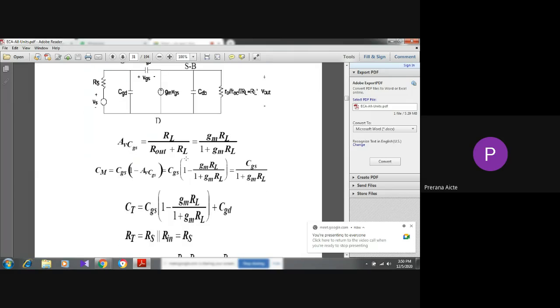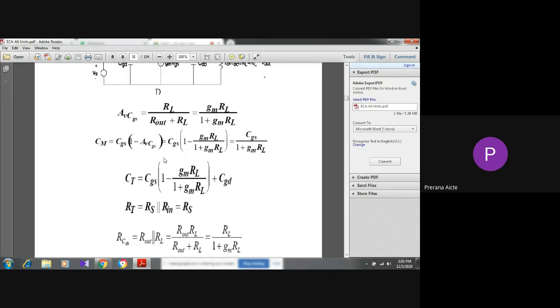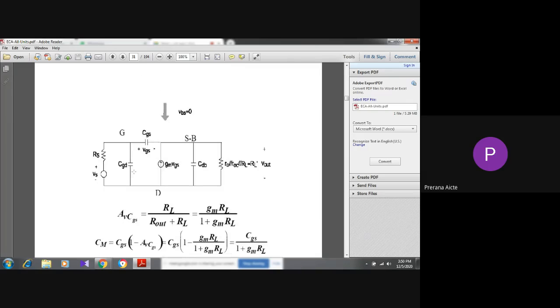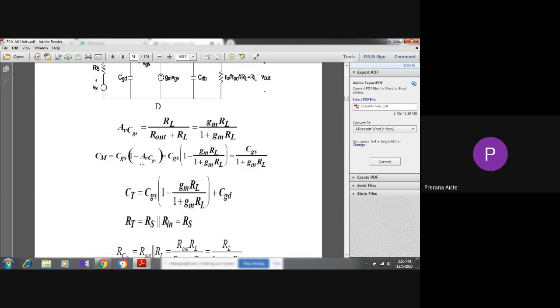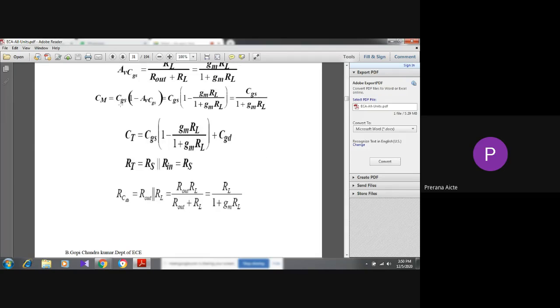And these are the different equations. AV into CGS, RL by Rout plus RL, and it is equal to gm RL by 1 plus gm RL. So these are all the equations based on Miller's theorem. Cm stands for Miller capacitance, which is equal to CGS into (1 minus AV).